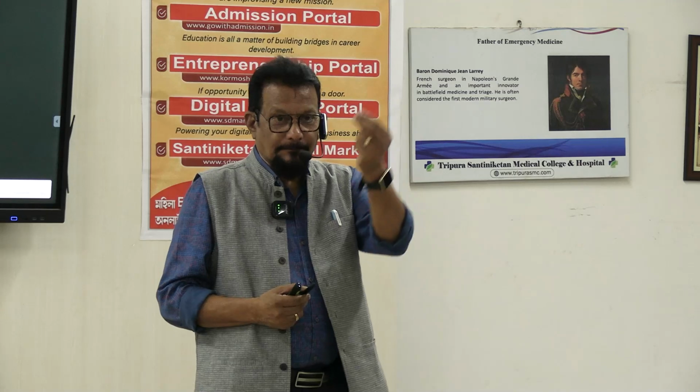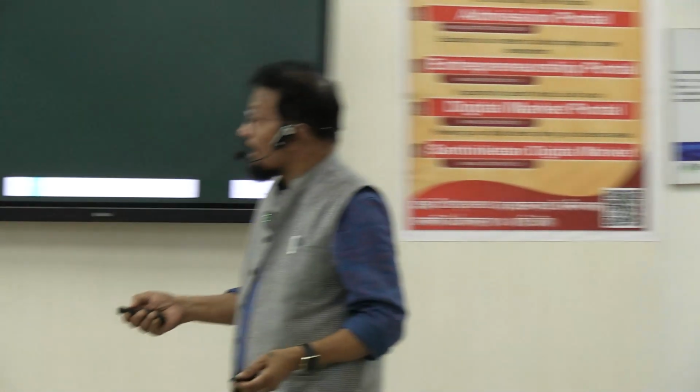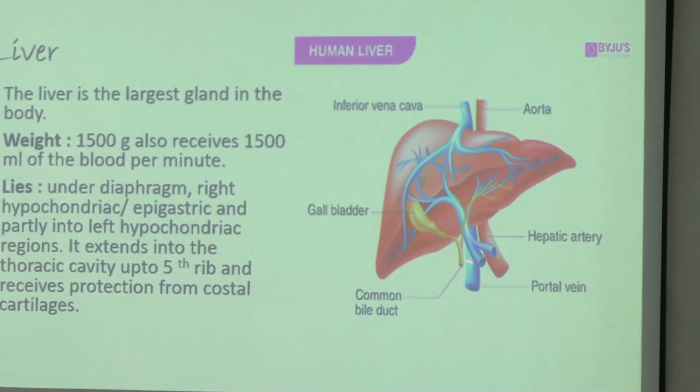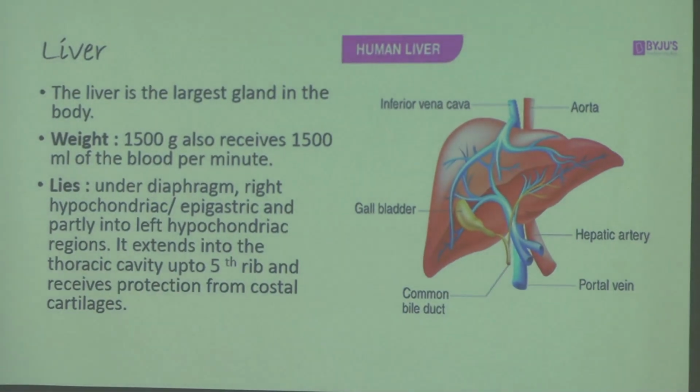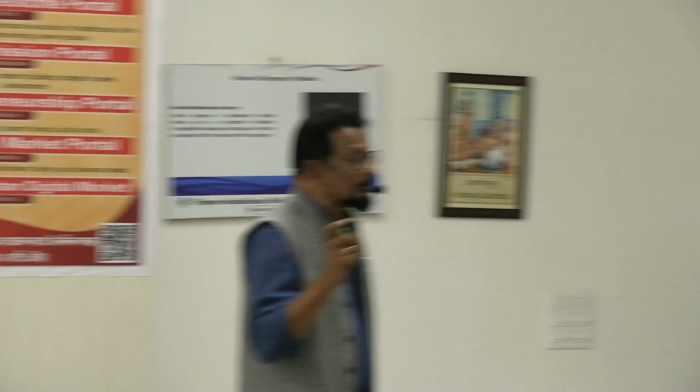And you know why there is pain? Because some stone slipped from here and entered into the common bile duct. The size of this stone is more than the diameter of the bile duct, so bile cannot pass through.